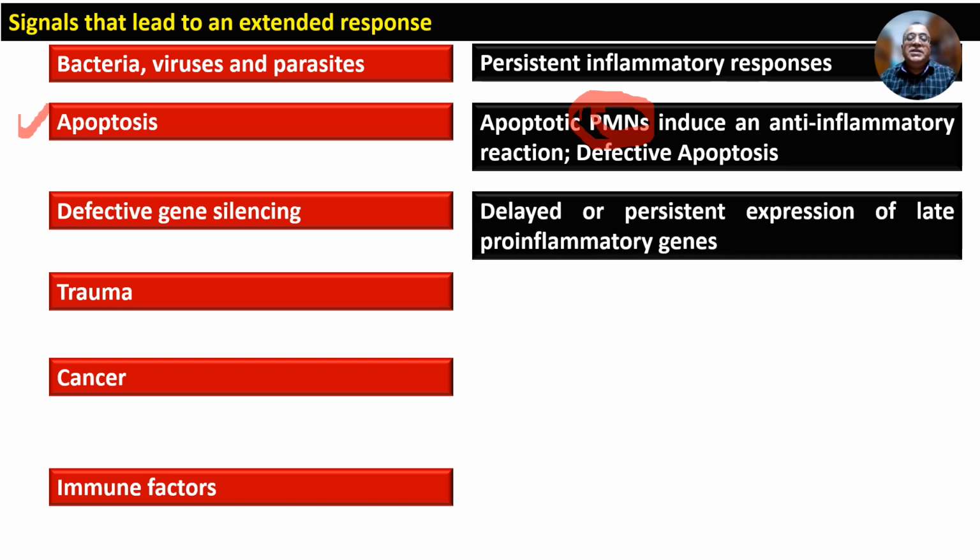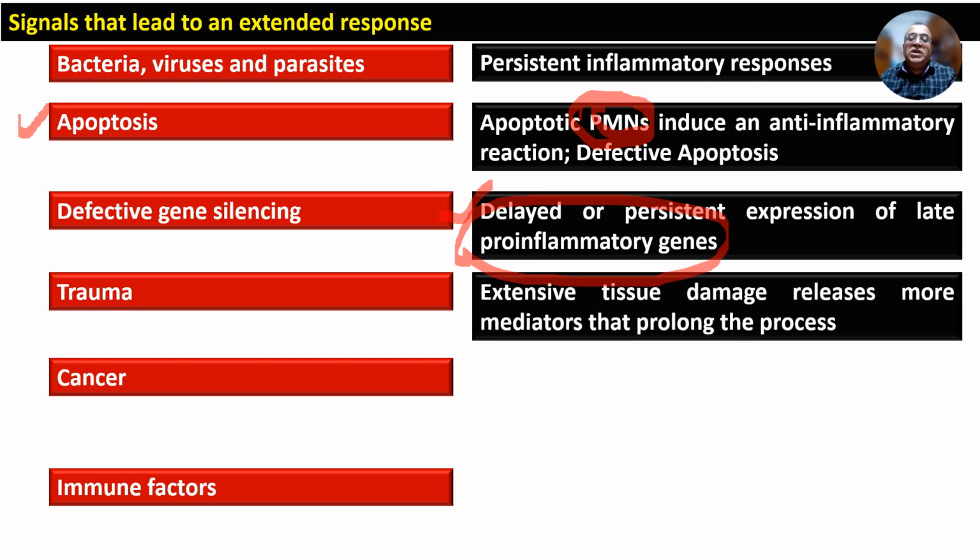Then defective gene silencing. The pro-inflammatory genes are not silenced, so there is persistence of the inflammation. If there is extensive tissue damage, that releases more mediators, and the release of more mediators will prolong the response.